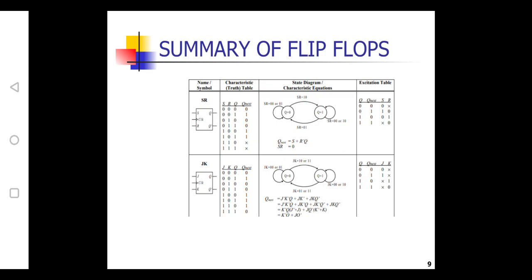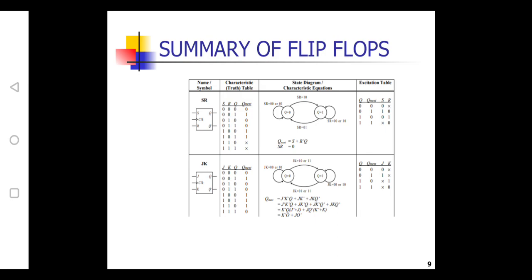Now I'm going to give you a brief summary of the flip-flops. As an example, I'm taking only two flip-flops, one is SR and the other one is JK. The first represents the SR flip-flop, as here a negative clock bubble at the clock represents it is a negative edge clock.